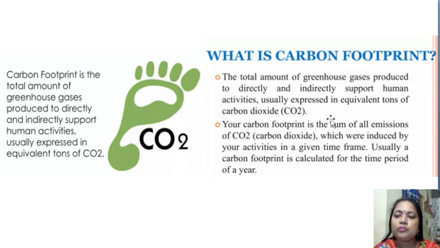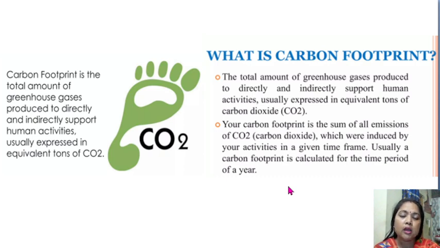So it is the total amount of greenhouse gases produced to directly and indirectly support human activities, usually expressed in equivalent tons of carbon dioxide. Your carbon footprint is the sum of all emissions of carbon dioxide. It includes all the sources induced by your activities in a given time frame. Usually a carbon footprint is calculated for the time period of a year.